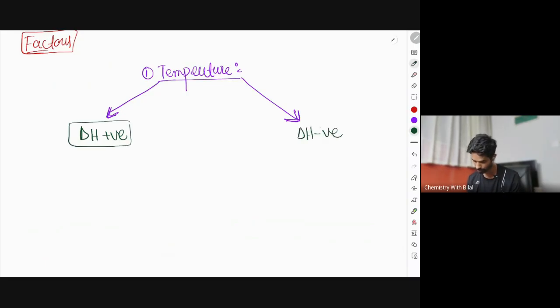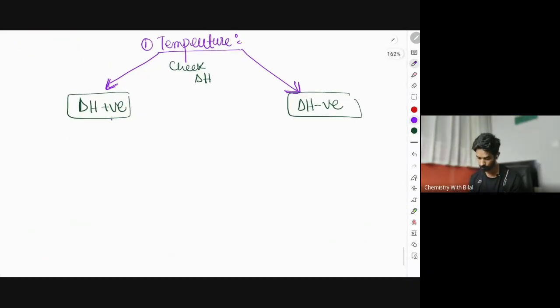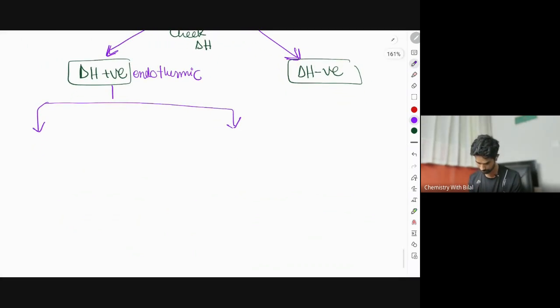So for temperature, check delta H. If the delta H is positive or negative, then you further have two choices. If the reaction has a positive enthalpy, that means the reaction is endothermic.